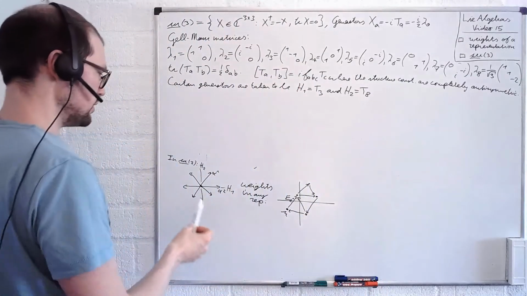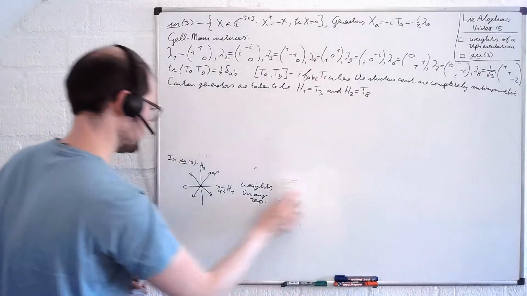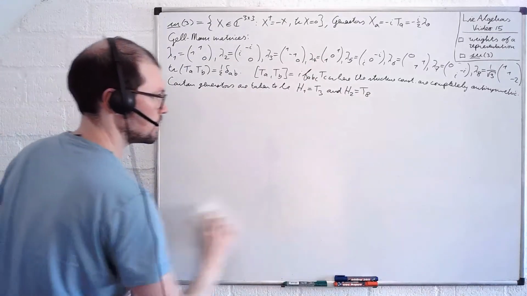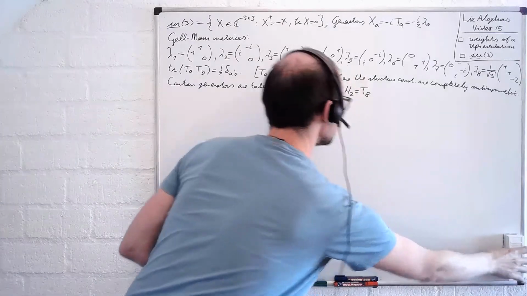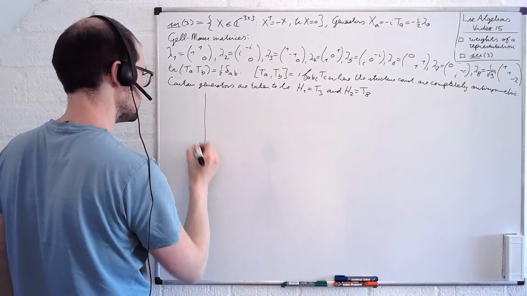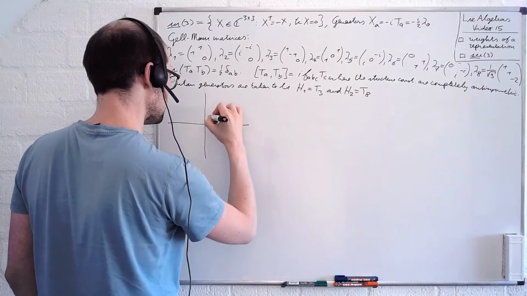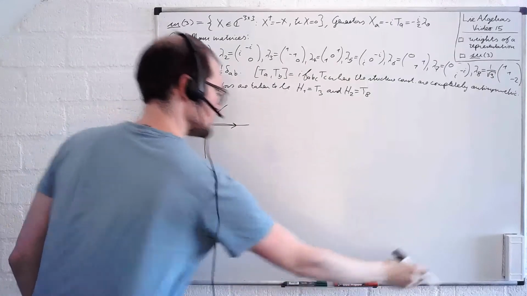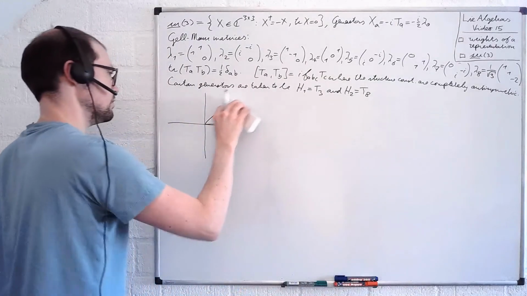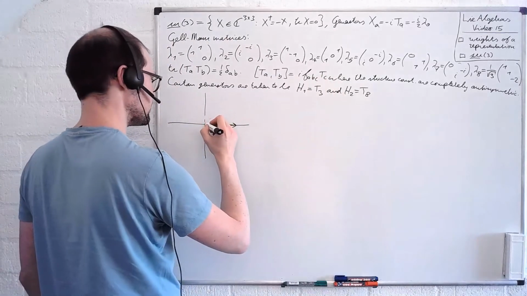So how about the other roots here? Let me draw this picture slightly larger, and we can just explicitly identify them. Let's draw the angles at least approximately correct.